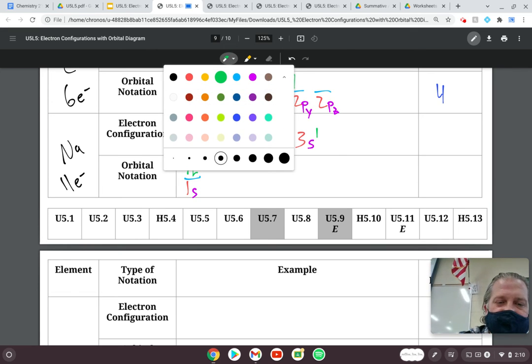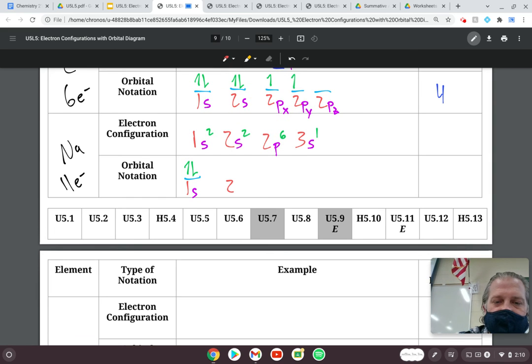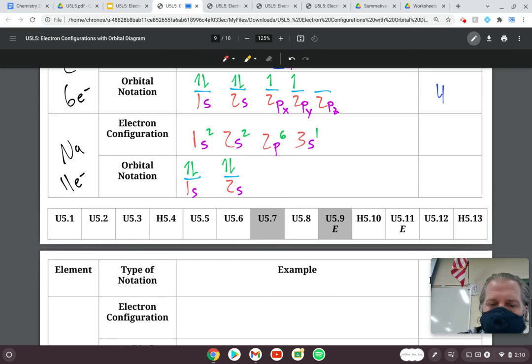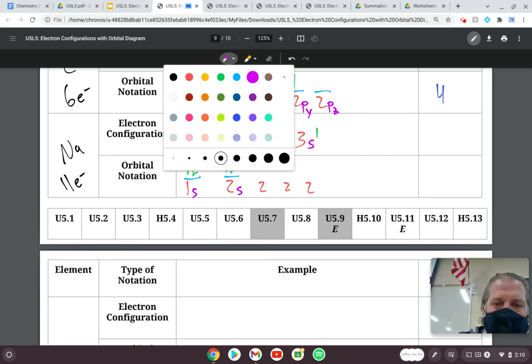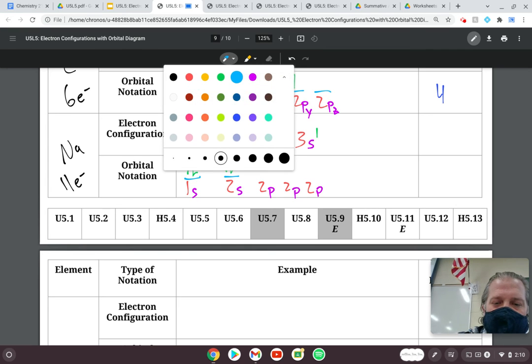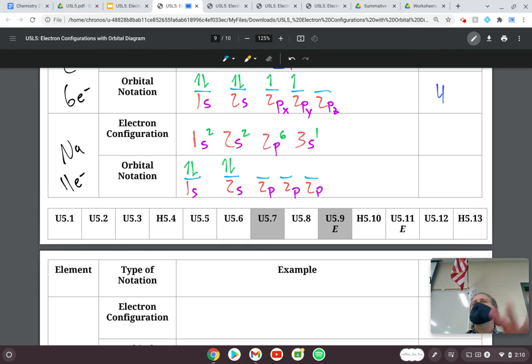I'm going to go to 2s, add the orientation bar, and I'm going to have arrow up, arrow down, 2. Now the 2p, because it has 3 orientations. Now watch how I do this, please.